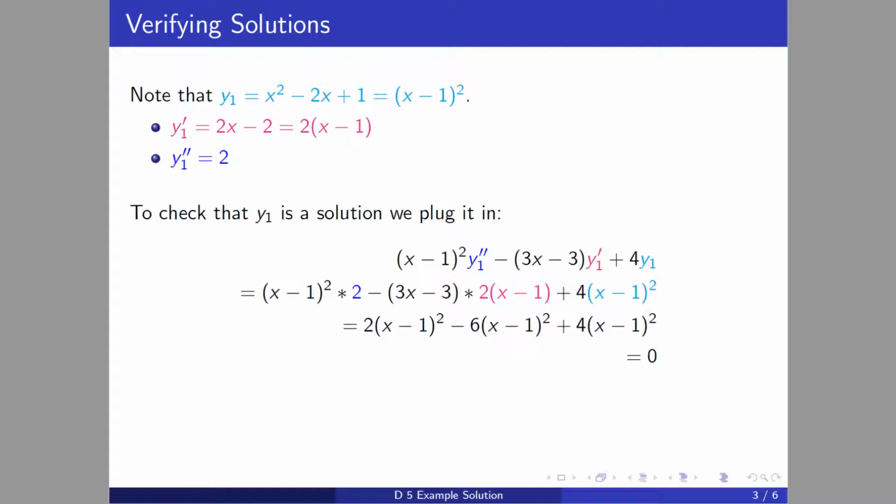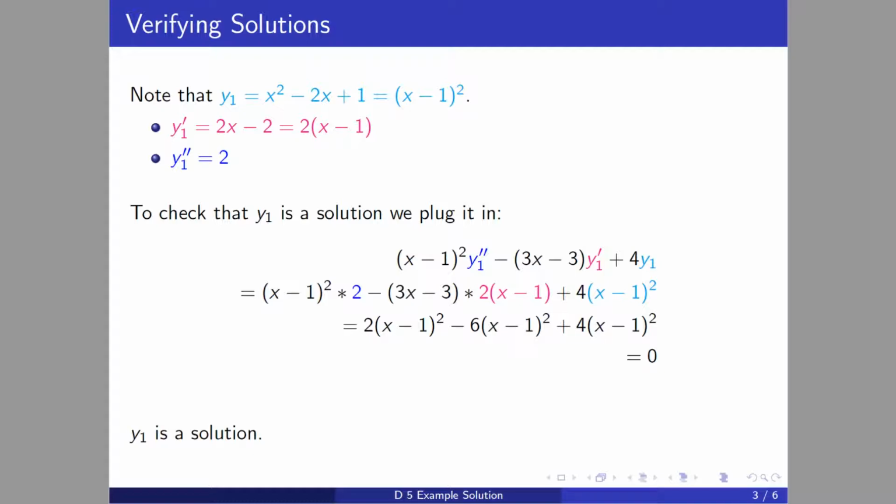And if you combine the like terms here and factor out a 3 from the first part of the middle term, then you'll get 2(x minus 1) squared minus 6(x minus 1) squared plus 4(x minus 1) squared, which combine to make 0, the 2 and the 4 canceling with the negative 6. So y1 is in fact a solution.